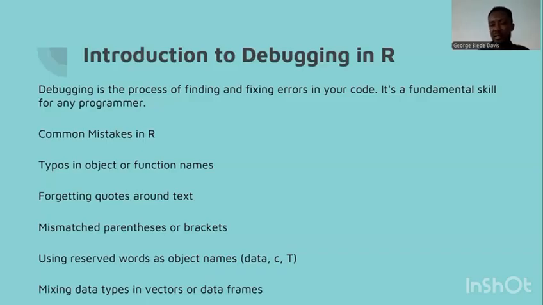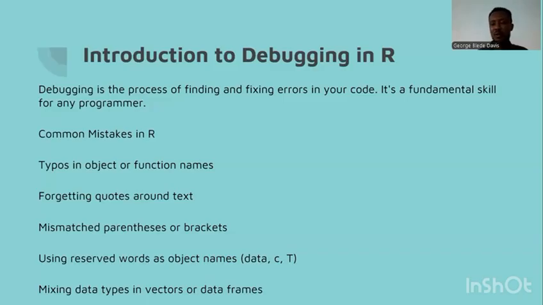Like when we want to create a vector, we use c to create a vector. If you create an object by assigning to c, that particular function will be obstructed as well. We also have functions like T, which is a shortcut for TRUE.